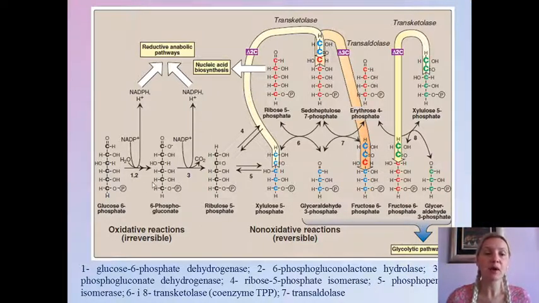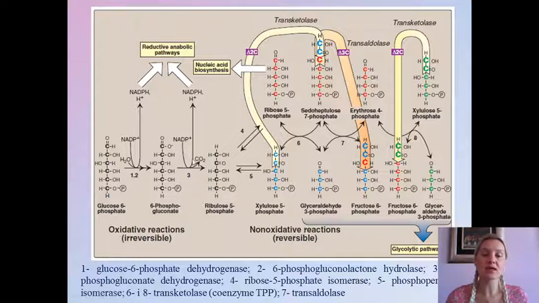So this is part 1 of the oxidative domain of the metabolic pathway. In reaction number 3, or in the second part of this oxidative part of the pathway, decarboxylation occurs and another oxidation, yielding the formation of the second NADPH coenzyme, which can be used for reductive anabolic pathways or for antioxidant protection.